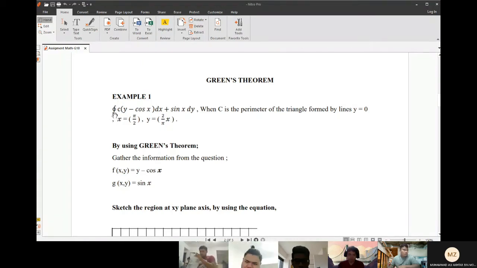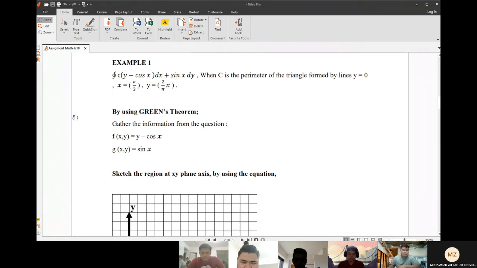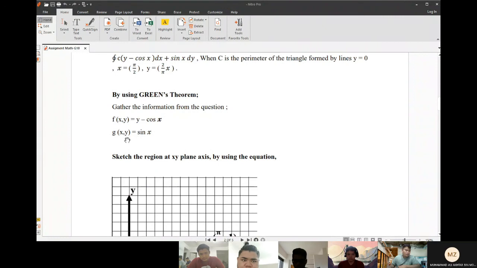Example 1: the closed curve integral of y minus cos x dx plus sin x dy, where C is the perimeter of the triangle formed by the lines y equals 0, x equals pi over 2, and y equals 2 over pi x. Gathering the information from the question, we get P equals y minus cos x and Q equals sin x.